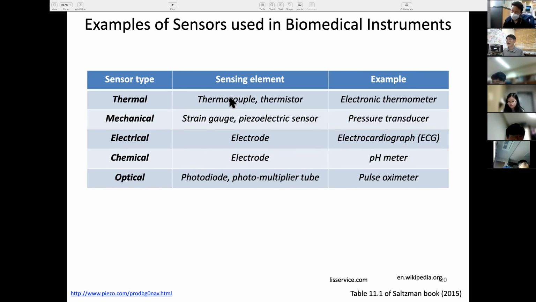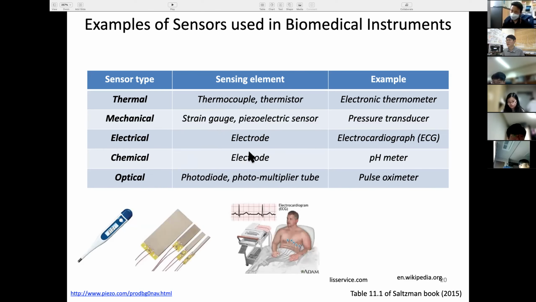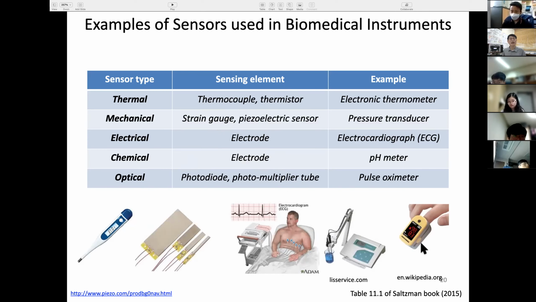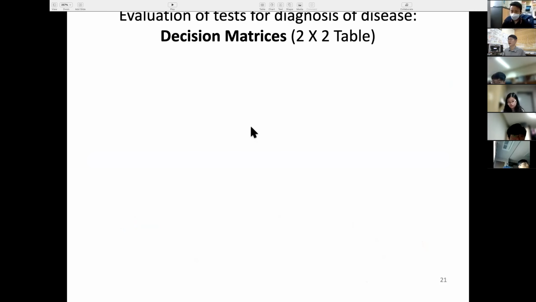As sensing elements, the thermal one has a thermocouple or thermistor, and the mechanical one has a strain gauge inside, or sometimes a piezoelectric sensor. ECG has electrodes, the pH meter also contains an electrode, and the optical pulse oximeter contains a photodiode. A more expensive and sensitive device has a PMT, or photomultiplier tube, which you already discussed.